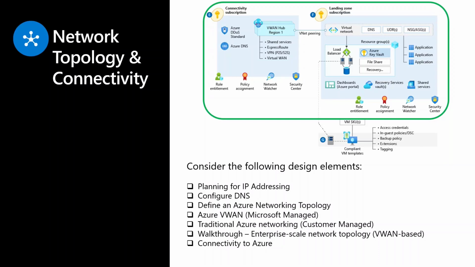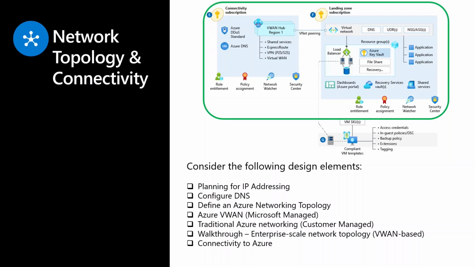When we talk about the network topology, as I already called out, we differentiate between the virtual WAN approach and the traditional hub and spoke model. So we have both options in the cloud adoption framework, and both options in the enterprise scale architecture. Usually it depends on the maturity of the customer and some additional factors such as usage of third-party network virtual appliances, history, and so on.